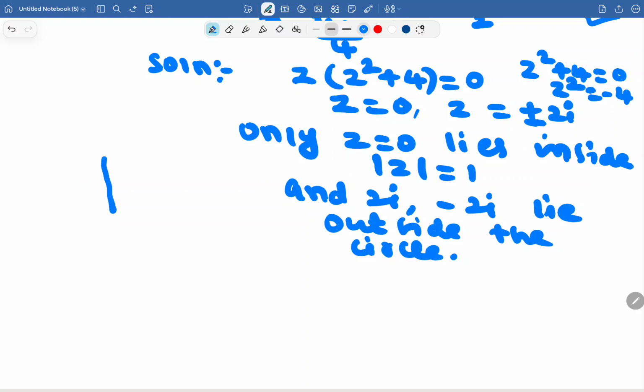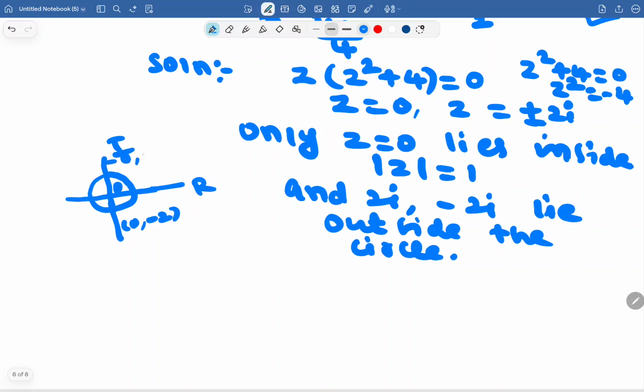See, this is unit circle, this is real axis, this is imaginary axis. 0 means origin, that lies inside the circle. Minus 2i means on the imaginary axis, that is 0, minus 2.